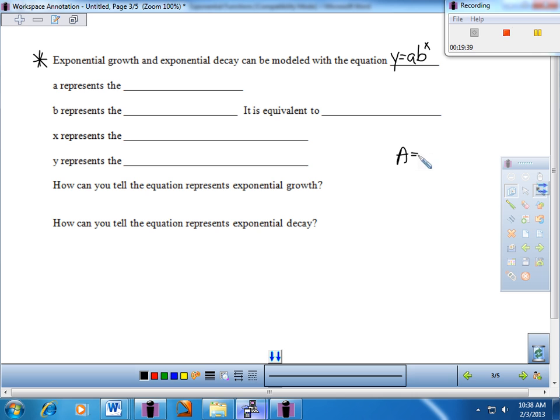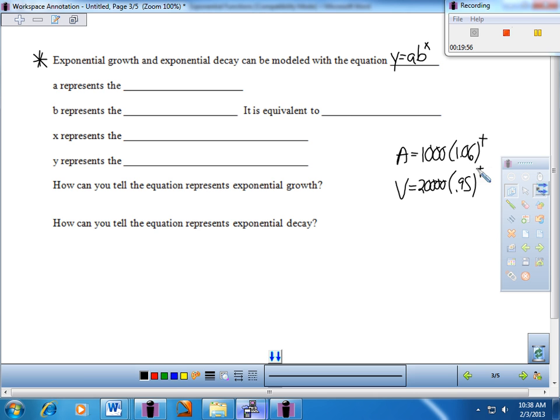Notice it fits that mold of what we came up with. Here was the exponential growth model for the bank or the interest. Y equals a times b to the x. Second one, the exponential decay, was the 20 grand times 0.95. Again, same deal. y equals a times b to the x.